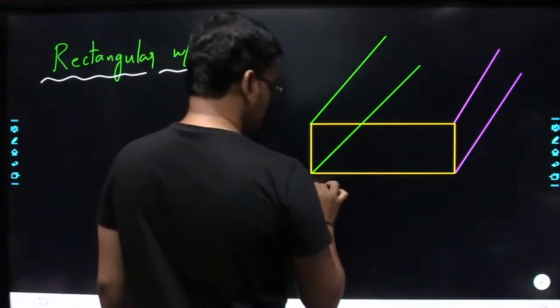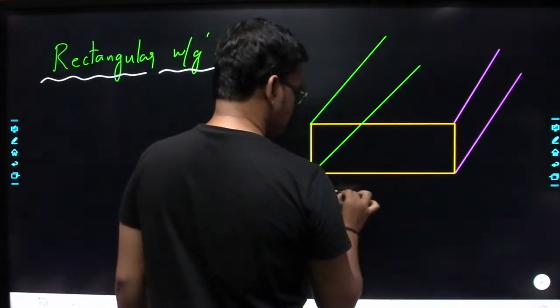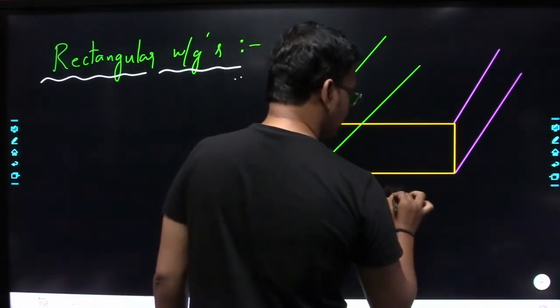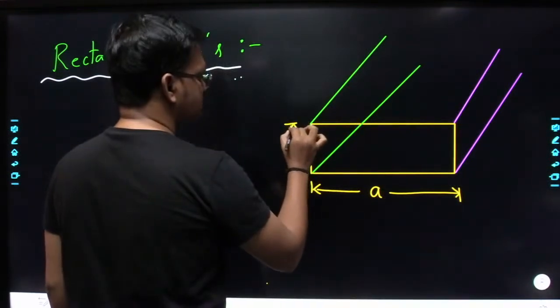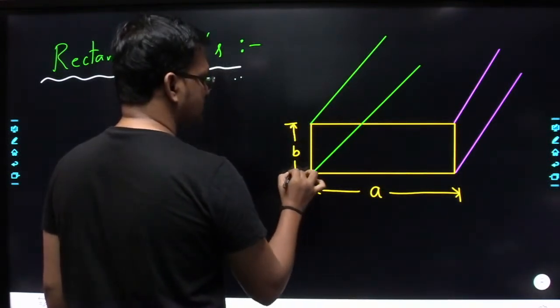This is the broader dimension of the waveguide, and this is the shorter dimension of the waveguide.